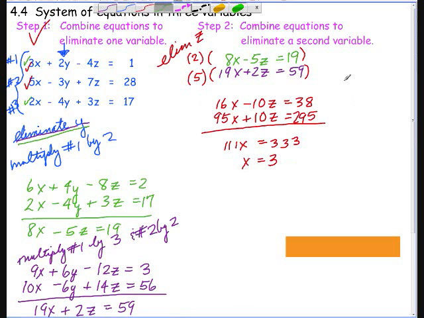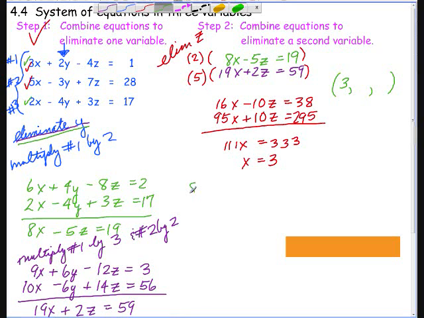Now let me start putting my answer together. I've got 3, and I need x. I've got x. I need y and z. Let me go for z next because I've got it right here. I'm going to use this equation.